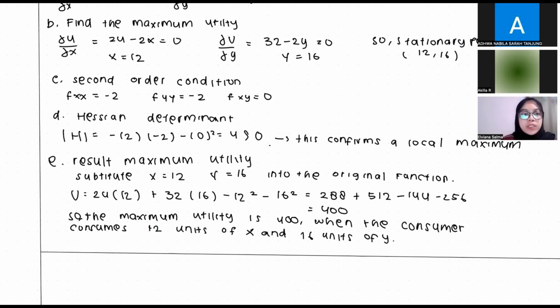After we substitute, we got u equals 24 times 12 plus 32 times 16 minus 12 squared minus 16 squared, and then the result is 400. So the maximum utility is 400 when the consumer consumes 12 units of good X and 16 units of good Y.